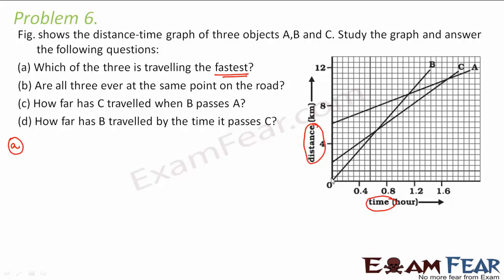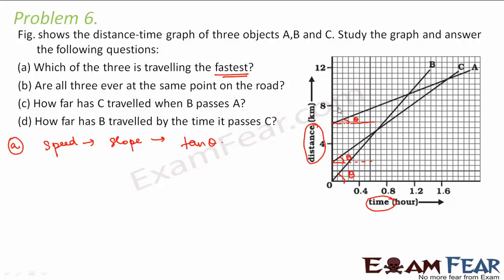So in this case, which will have maximum slope? Speed is given by the slope and slope is given by tan theta. Where is theta? Theta for B is this. Theta for A will be this angle. Theta for C will be this angle.